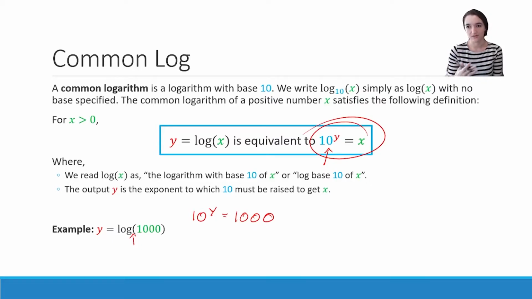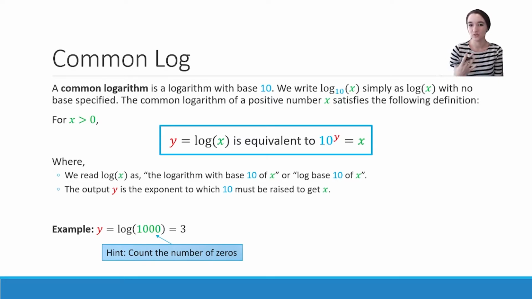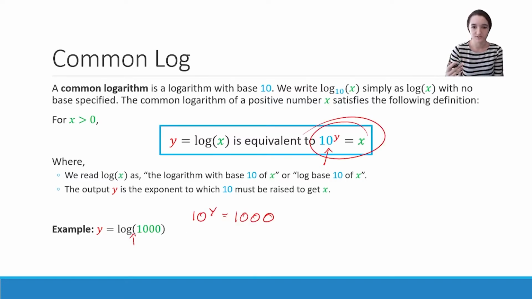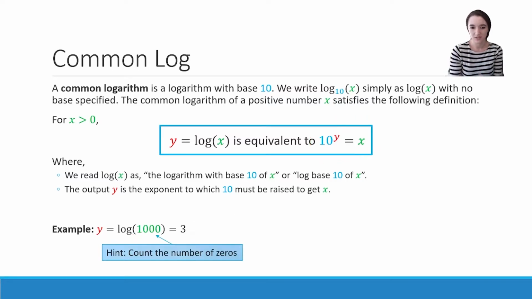You can use your calculator to figure that out if you need to, but hopefully you had an idea. Essentially, there's a trick to it: if you count the number of zeros, you can get your answer. So there are 3 zeros in 1,000, so 10 to the third equals 1,000. I think that's the quick way to figure it out when we're working with nice numbers like that. So the common log of 1,000 is equal to 3.